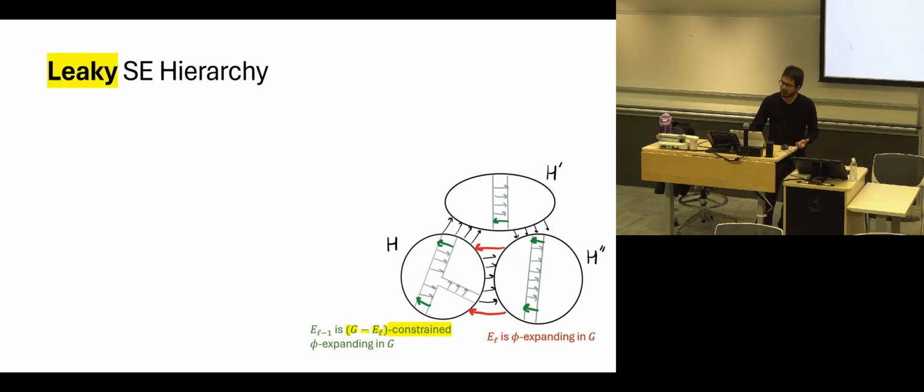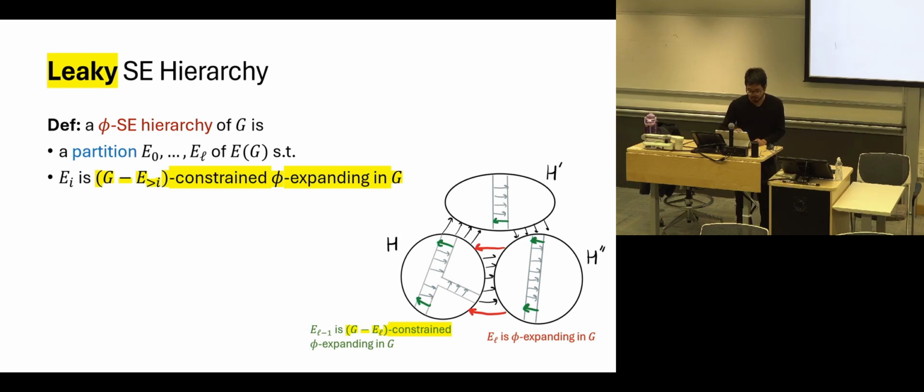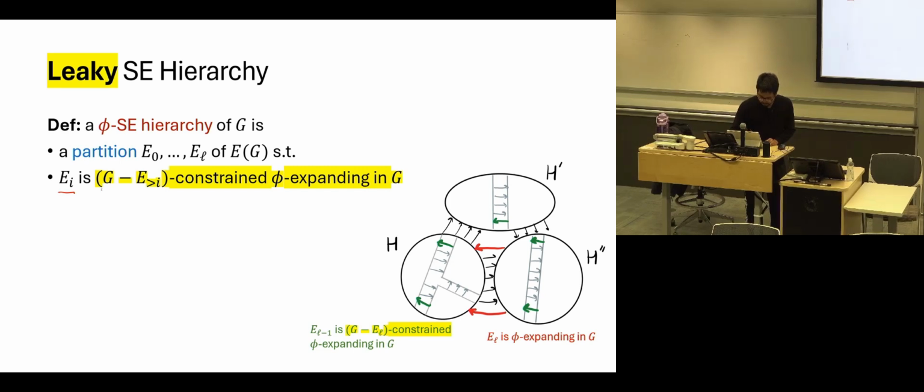Now a leaky expander hierarchy is almost the same. Just the same partition, but now E_i is expanding in G with the edges of level more than i constrained.